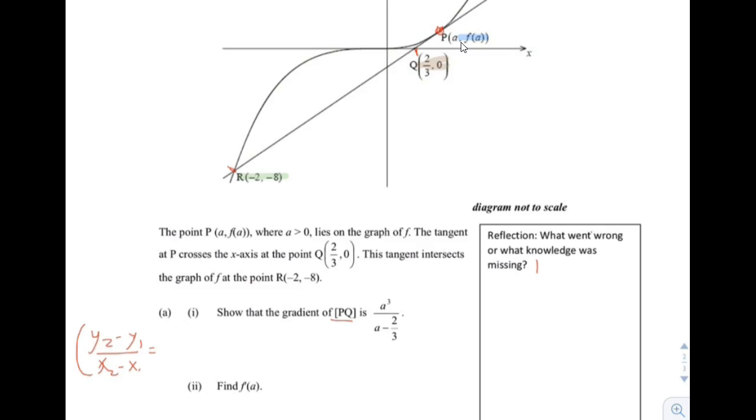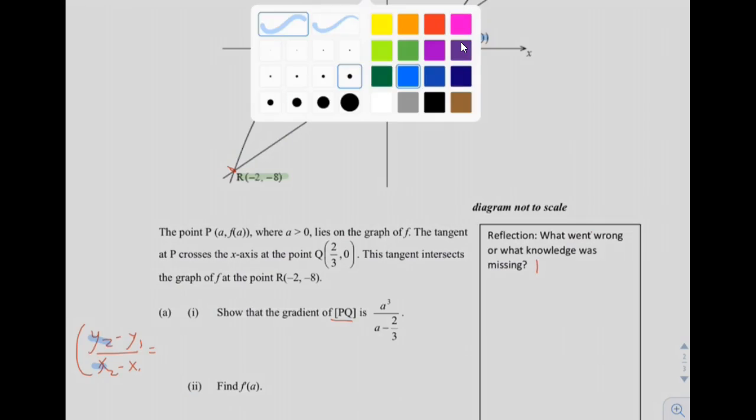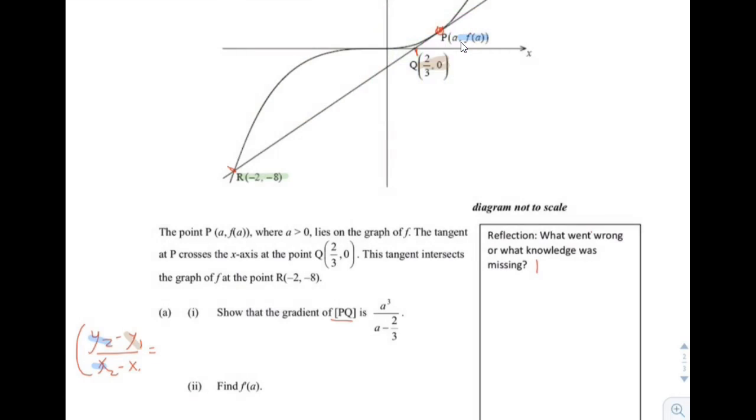The blue coordinates would be y2 x2, and the brown coordinates would be y1 x1. So let's fill that in. y2 is f of a, y1 is 0, x2 is a, and x1 is negative 2/3, right? And then that gives us f of a divided by a minus 2/3.